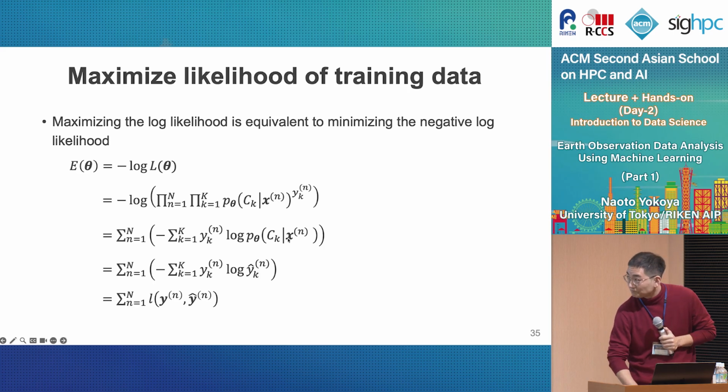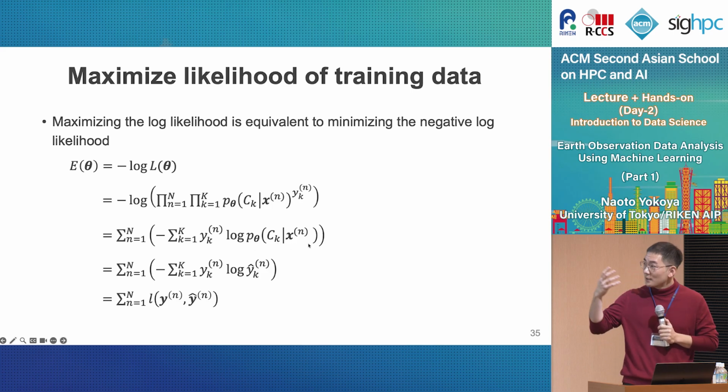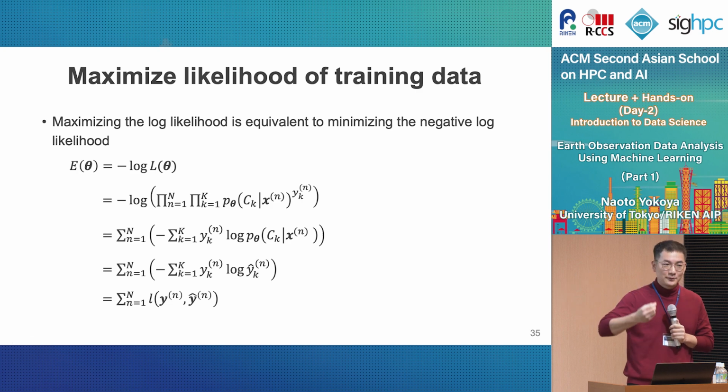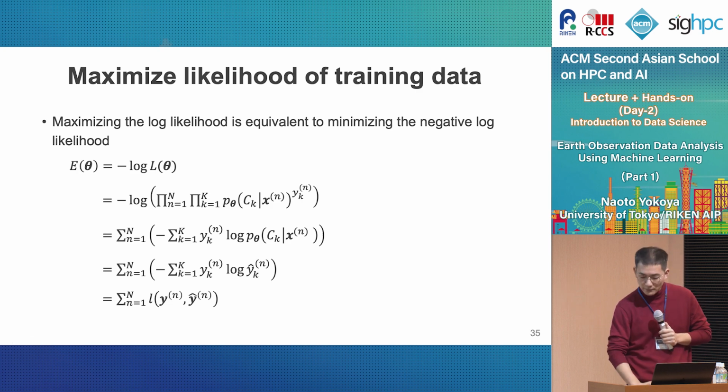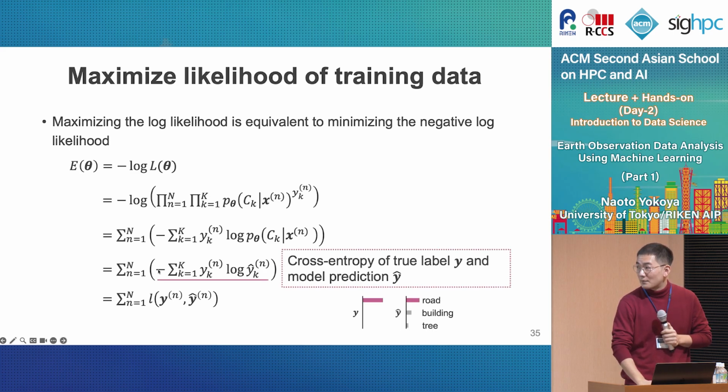And then this part, the conditional probability, in our setting we are now considering as the output of our model, which is y hat. And this sigma over small n is over different samples.